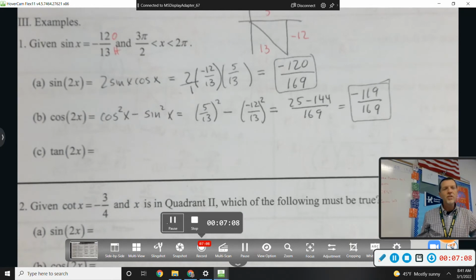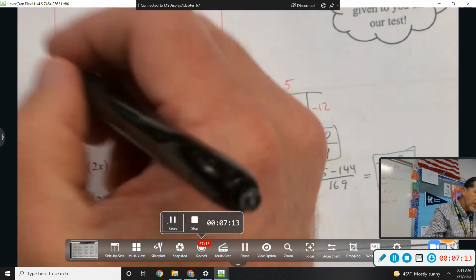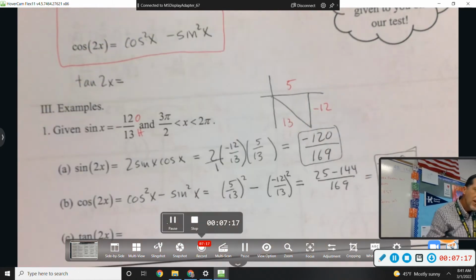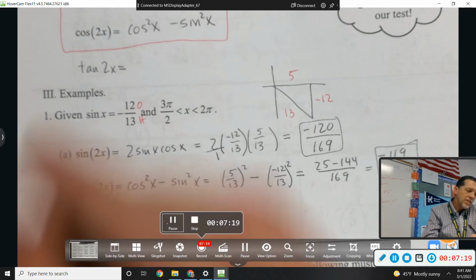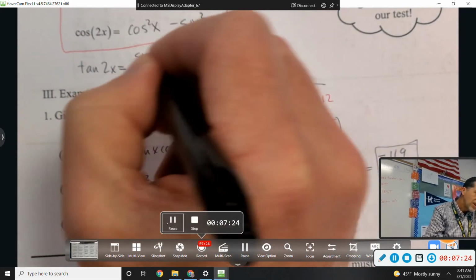Well, I didn't give you a formula for tangent of 2x. It's because there isn't. There is one, it's kind of annoying. Instead of doing the formula, let's just say tangent is equal to sine over cosine.